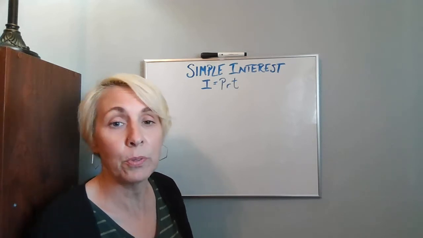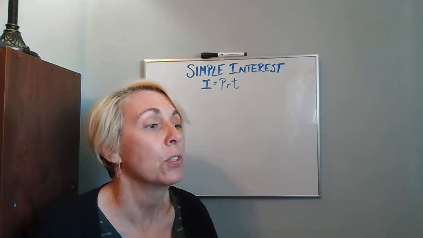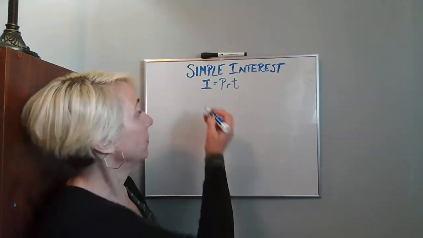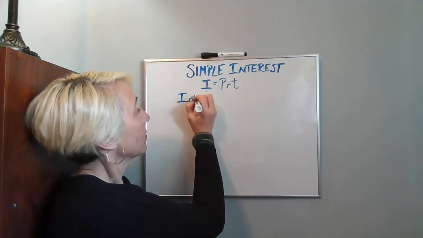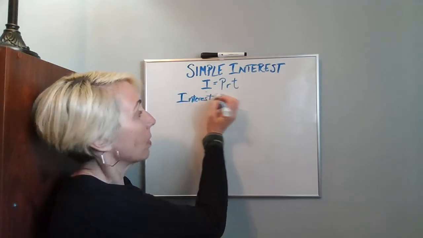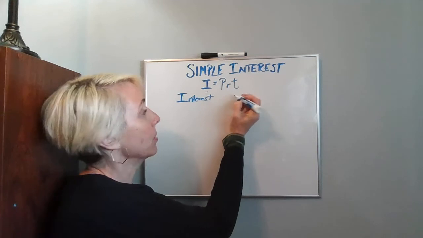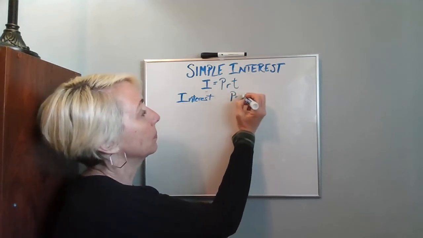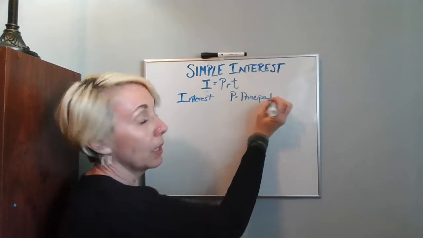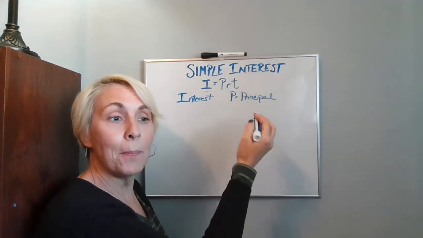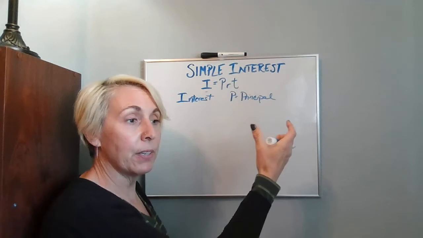So let's go through these terms right here real quick. So we have interest, which is the I. We have our P, which is our principal. And our principal is our principal amount, and that will be our given amount.